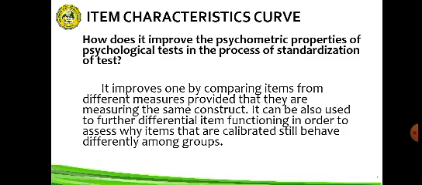It improves them, one, by comparing items from different measures provided that they are measuring the same construct. It can also be used to further examine differential item functioning in order to assess why items that are calibrated still behave differently among groups.